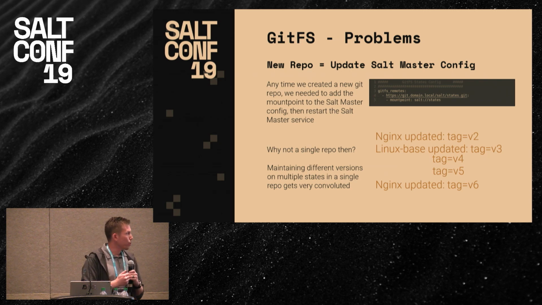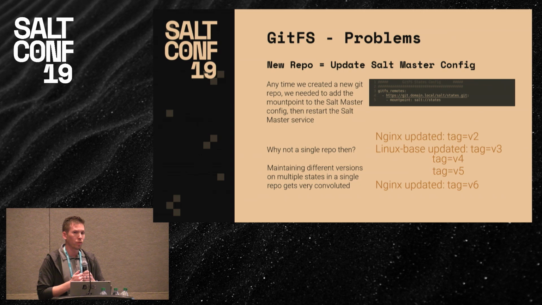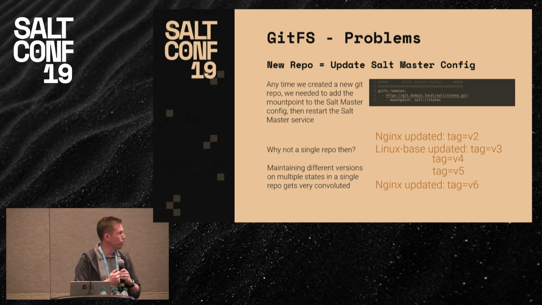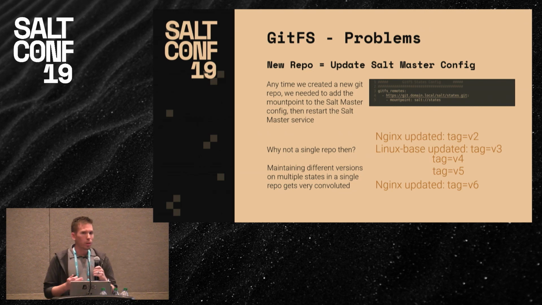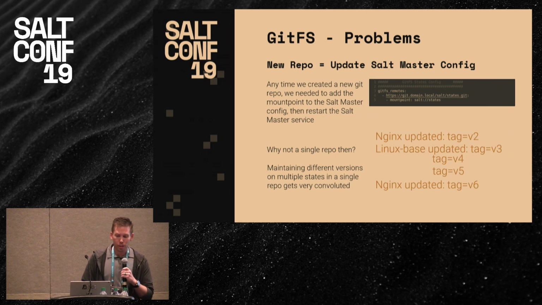And it got really convoluted really fast, because if you made a change to Nginx, wrapped it into a version, then you go and make a change to something like Linux base, and so on and so on, you end up with a whole bunch of version tags. Technically, the Nginx version 2 tag contains the same tag as the Linux base version 3, and so on and so on. Again, it just gets really convoluted and really hard to maintain, so it wasn't ideal for our situation.